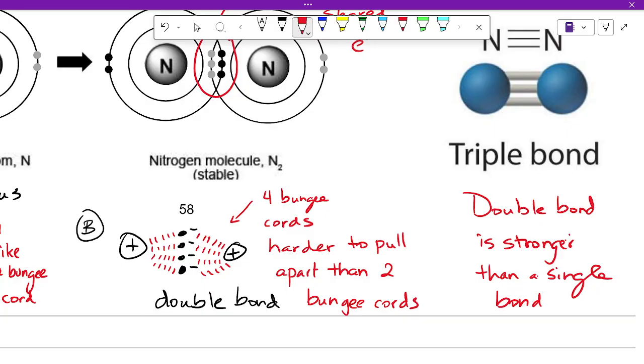Would that attract it more or less? It's going to attract it more. The problem with magnets is that they all want to hold on to each other as well. But that's going to hold on to that thing better than just 2 magnets. Yeah? So it's the same sort of idea.